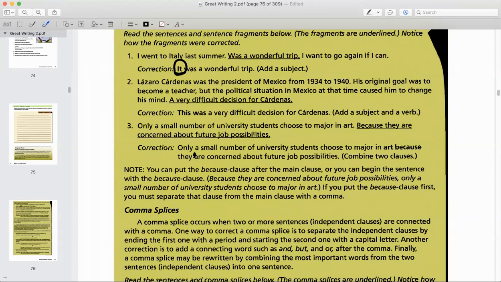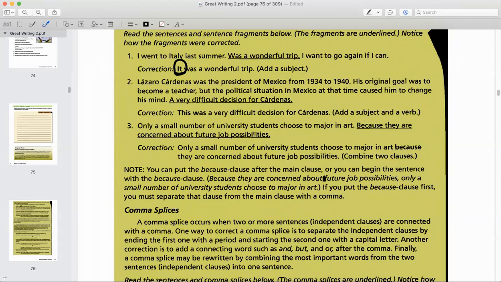So there are a couple of ways you could correct this. You could combine them like this. Only a small number of university students choose to major in art because they are concerned about future job possibilities. So that's a very simple way to combine it. You can also take your because clause and put that at the beginning, like they show you here.